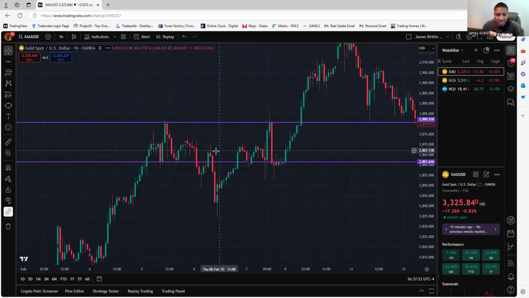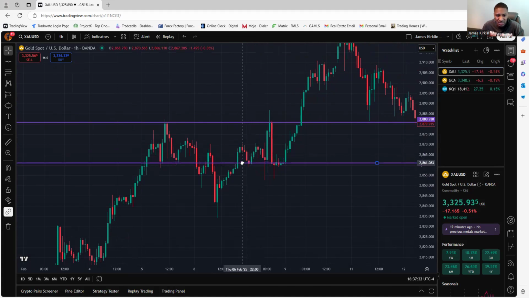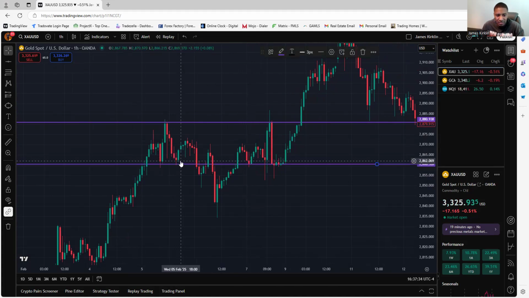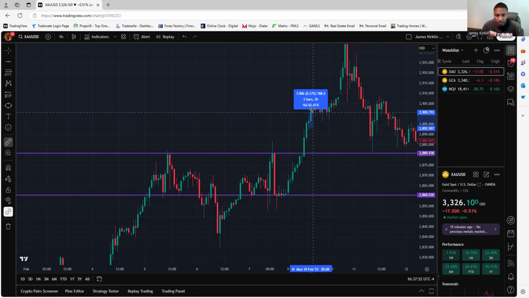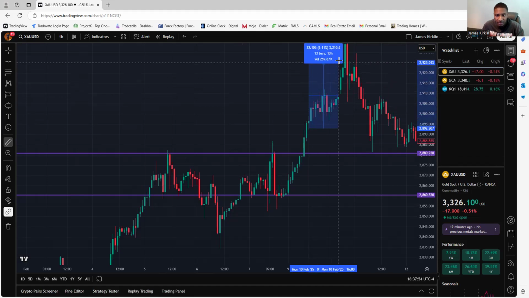What happened? Same candles, same support. Price can do all this, but it came back in once again, kind of respected this same area here, all this support. Boom. Price closed above at 1 a.m. on Monday morning. What happened? Price gave a bit of a little wick down, ran up and up and up and up.